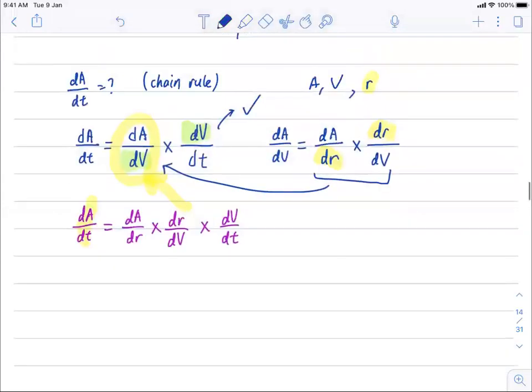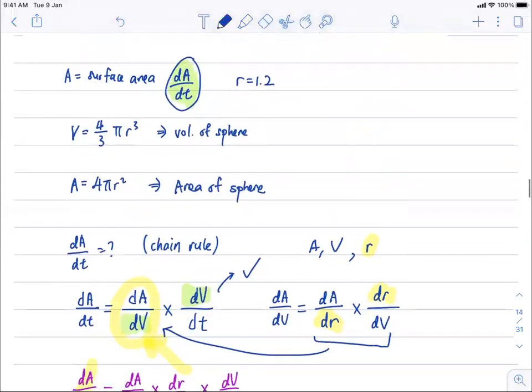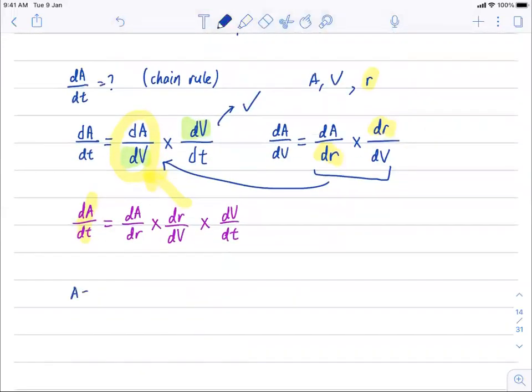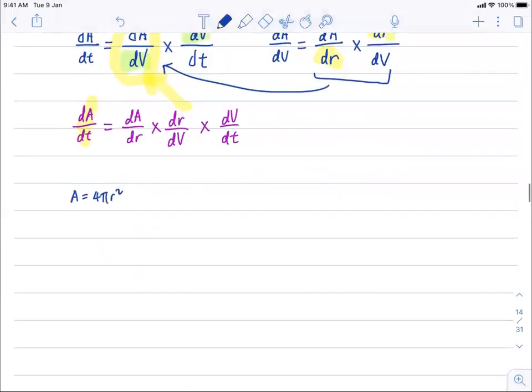To find dA over dr, we can use this formula. We know A equal to 4 pi r squared. We differentiate it with respect to r, dA over dr is equal to 8 pi r. And then we want to find dr over dV.